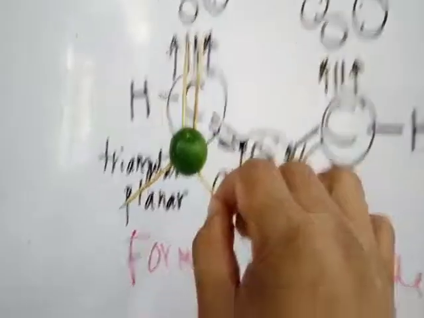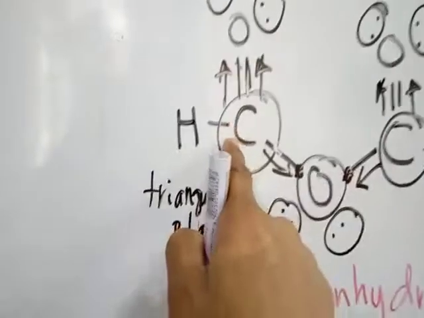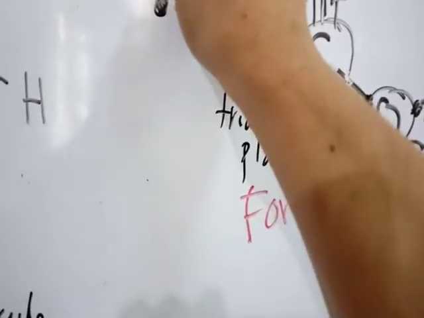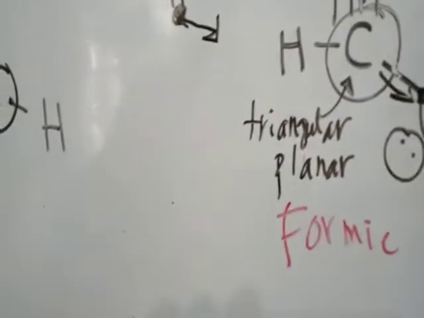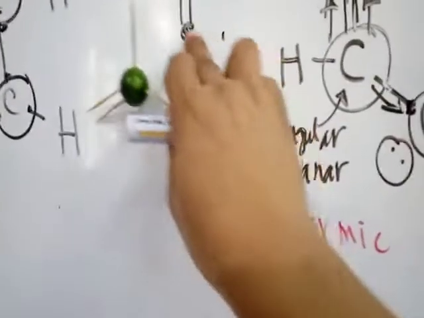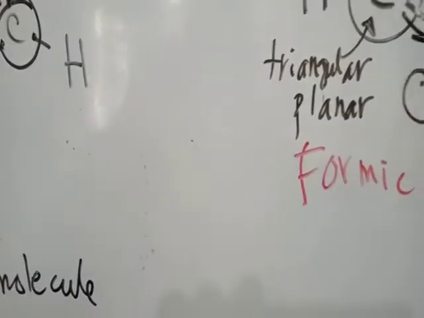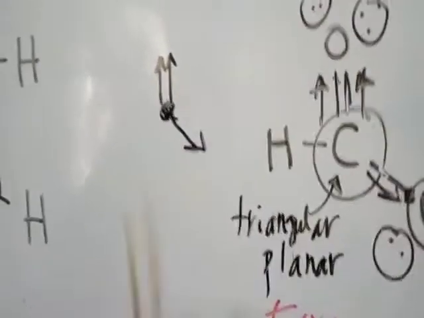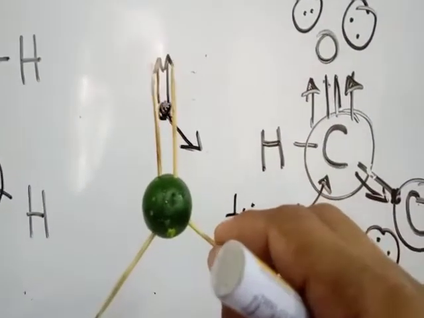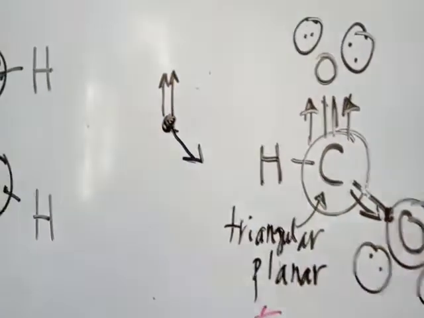So if we were to isolate this one, there are 2 forces going up and there is one force going this way. So this is triangular planar, and there are two bonds going up. So I put here two toothpicks.